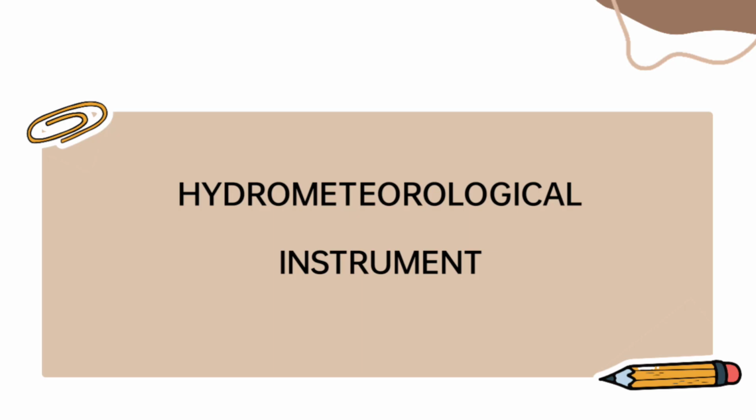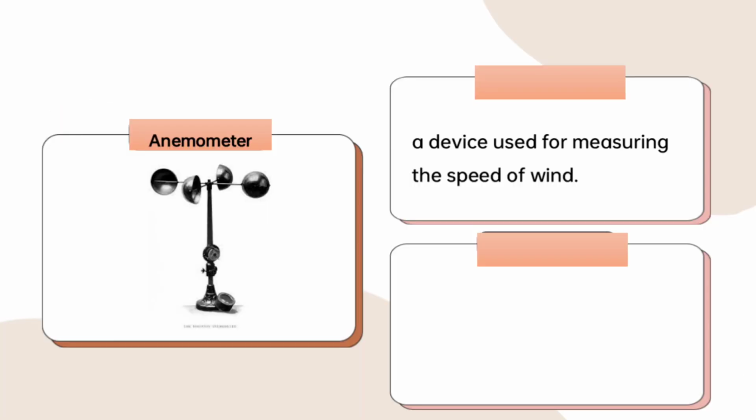So before we start, let me explain one by one the instruments of hydrometeorology. First is the anemometer. An anemometer is a device used for measuring the speed of wind.